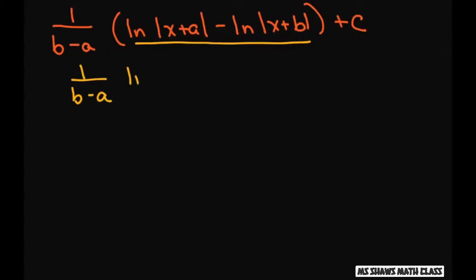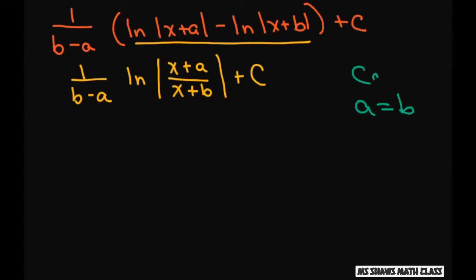That's going to be ln of absolute value of X plus A divided by absolute value of X plus B plus C.